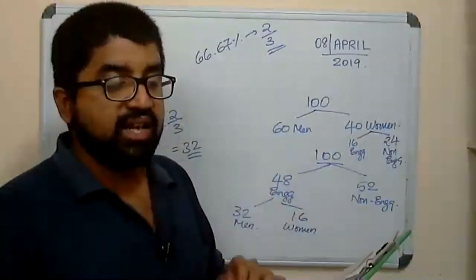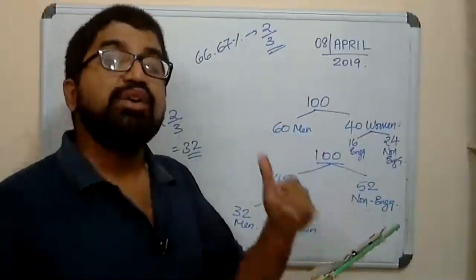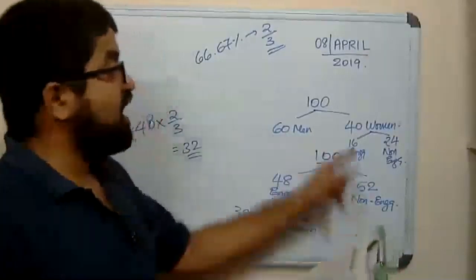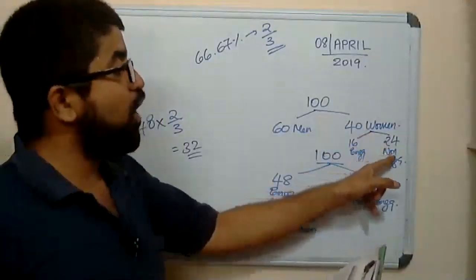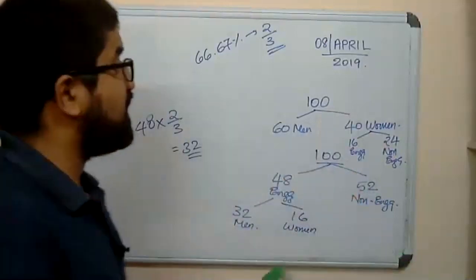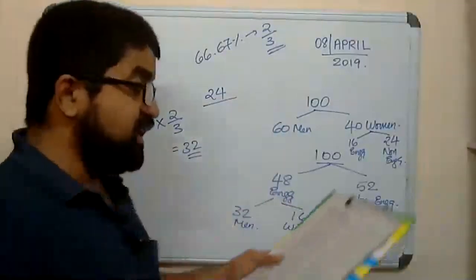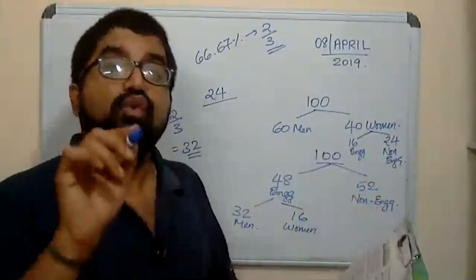Now in the question, they are asking, what is the percentage of women who are not engineers? The number of women who are not engineers comes to 24. But in terms of percentage, when we are asked to find, we have to consider this 24 in the numerator. It is given what percentage of women.